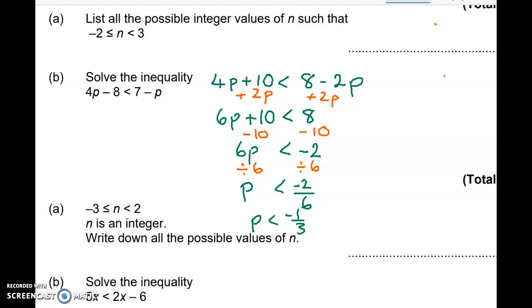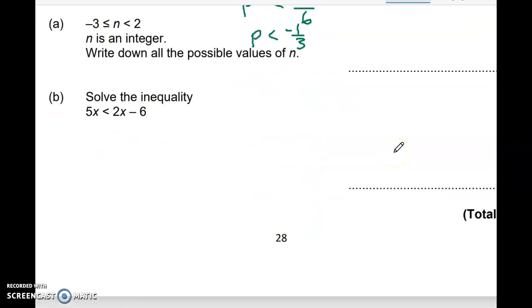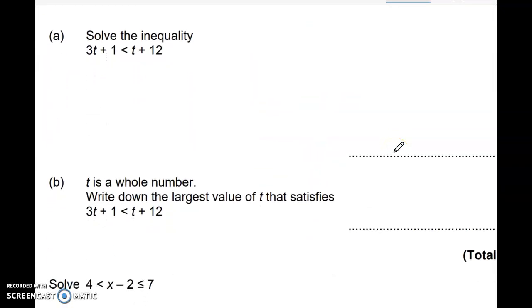Let's have a look at a similar one here with t's. I'm going to do a similar one, and you can have a go at doing that one as well. So here we've got 4t plus 6 is less than t minus 2.